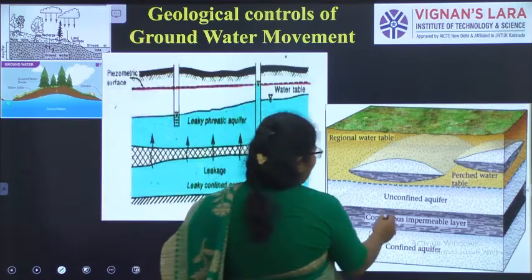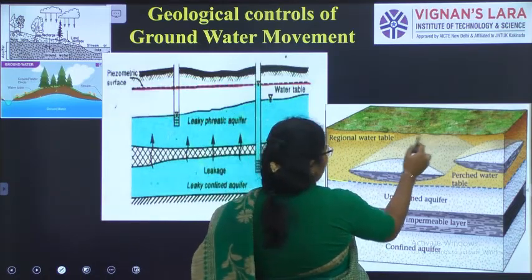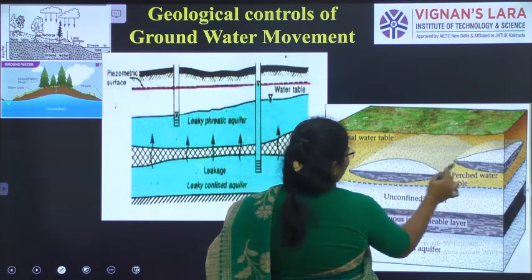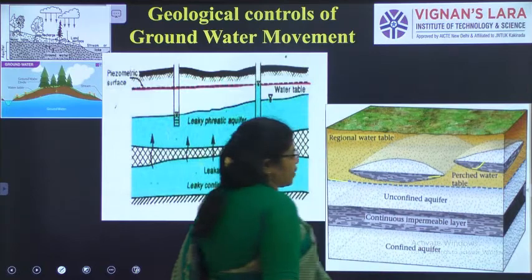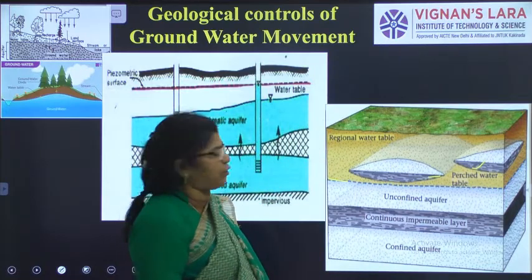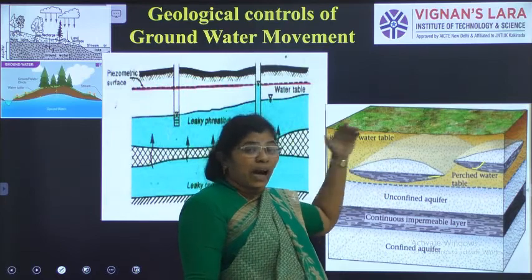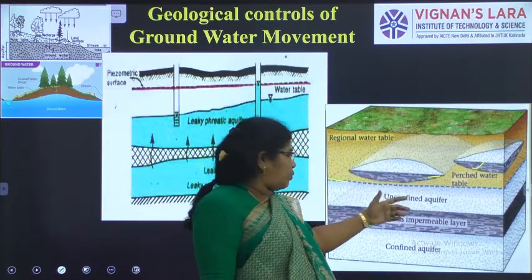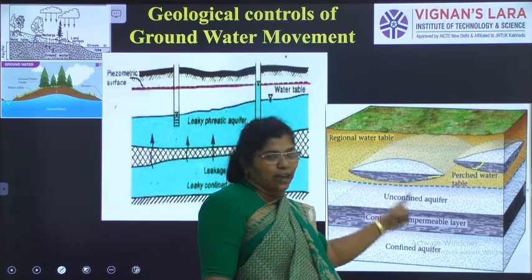So this is the unconfined aquifer. This is the water table. Above the water table there will be some unconfined zones, which we call the perched water table, or perched aquifers. These are aquifers found in the unsaturated zone. Mostly the aquifers are in the saturated zone, which we call groundwater.